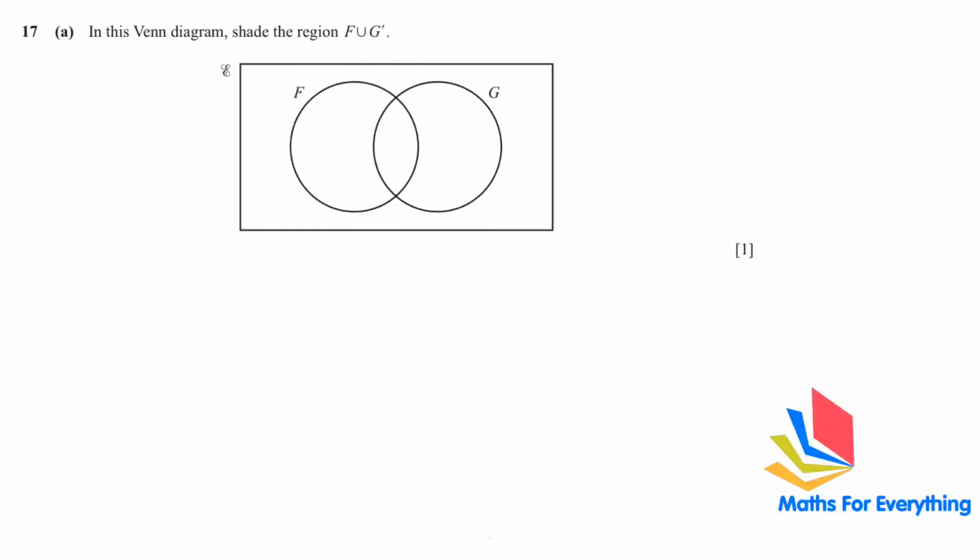G complement means not in G. So you can say it is F union not G. This whole part is F and the outside part is not G. So we are going to combine it together. It's going to be everything except the only G part. Yes, we have shaded it.